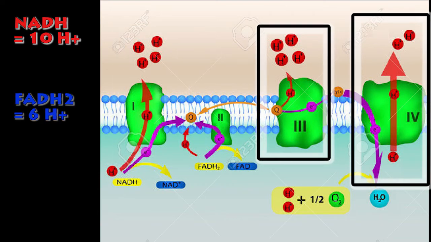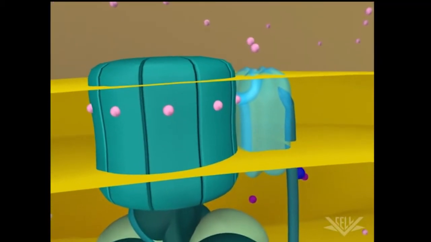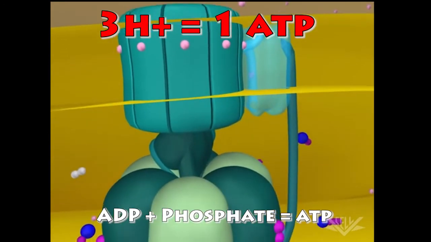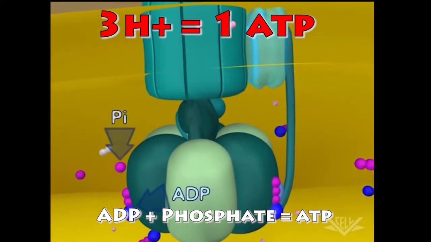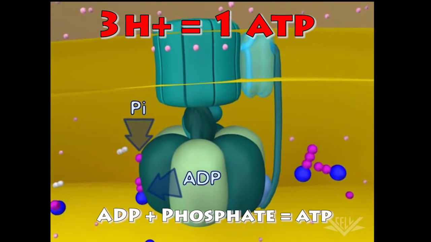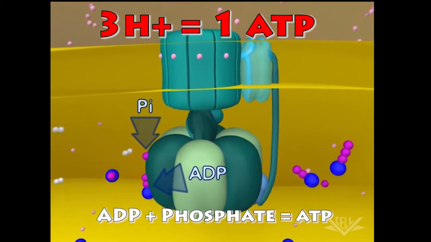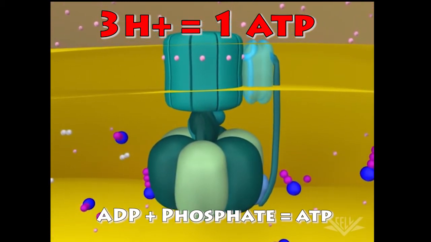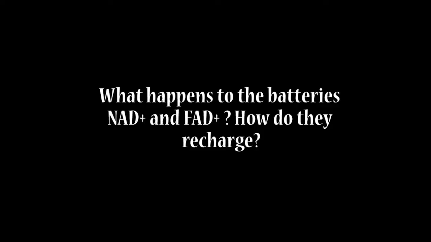And because FADH2 can only give its electrons to complex 2, it skips the first pump, and as a result, only 2 pumps are activated. And so we pump 6 protons for FADH2. Now to make the ATP synthase turn enough so that it squeezes the ADP to ATP, it requires 3 protons.